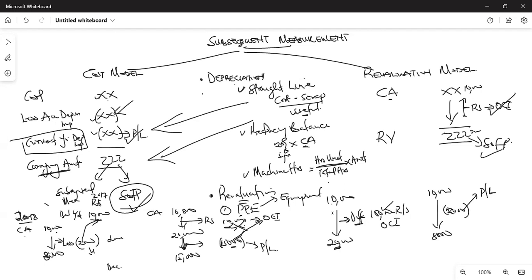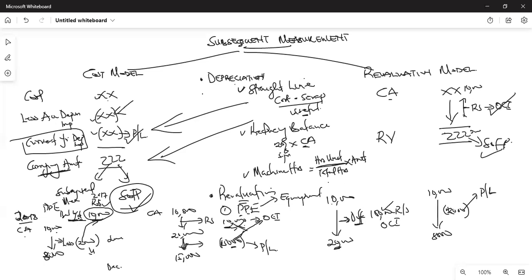The same asset. So what I did here was that this asset, whatever it is, this PPE, has been revalued before, and it has a revaluation surplus of 10,000 in the opening balances. You will see it in your capital surplus or your revaluation surplus account.